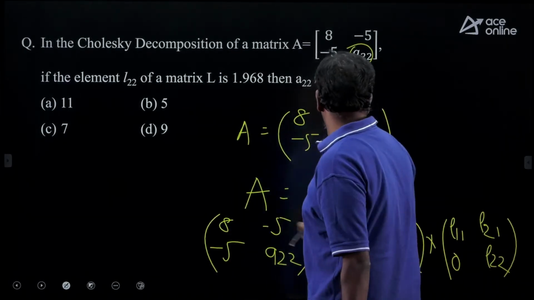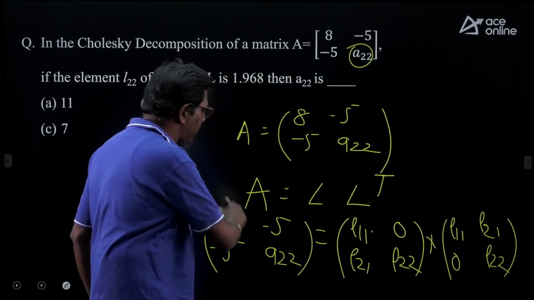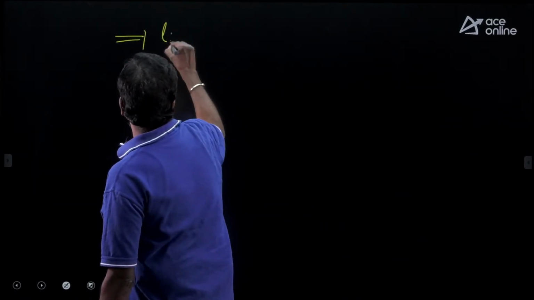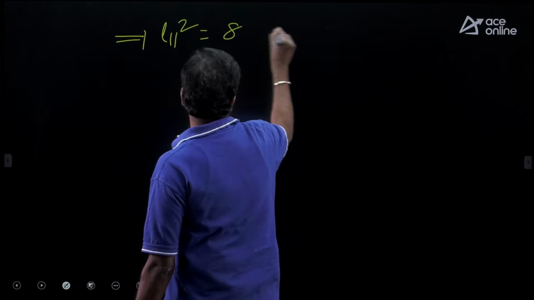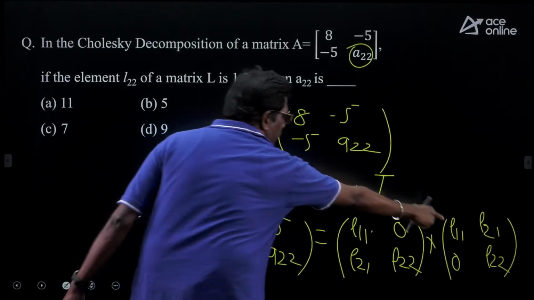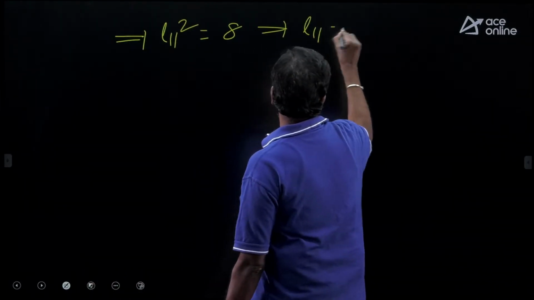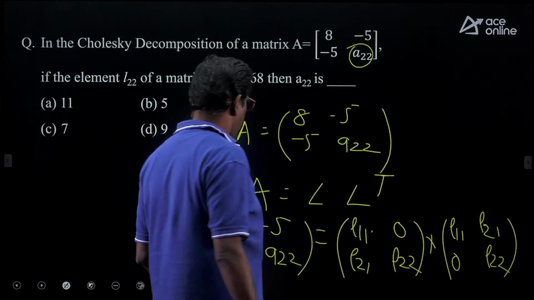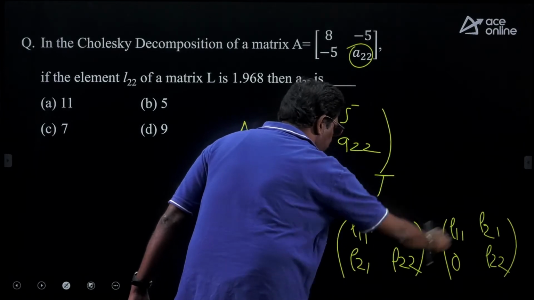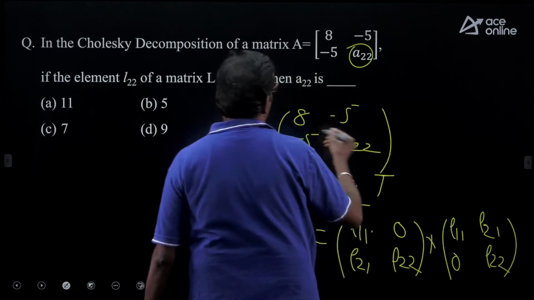Now if you multiply the RHS product of two matrices and compare the elements, what you are getting is that L11 square is nothing but 8. Multiply these two: L11 square is nothing but 8. That implies L11 is equal to root 8. Next, L21 into L22, multiply these two.